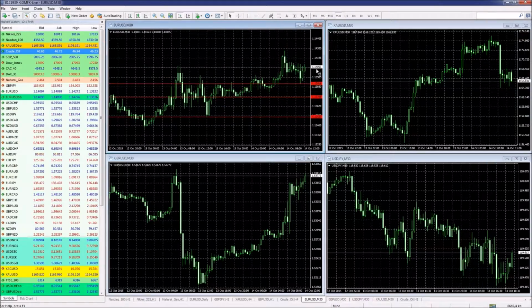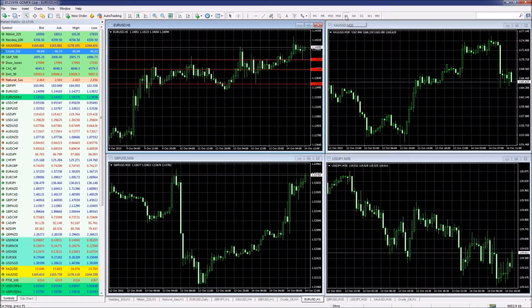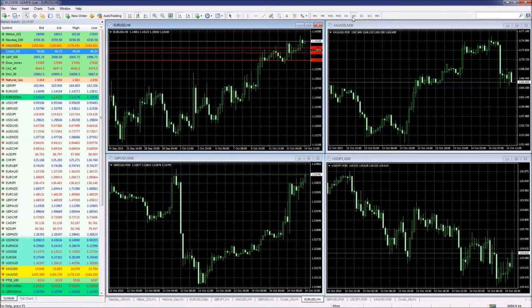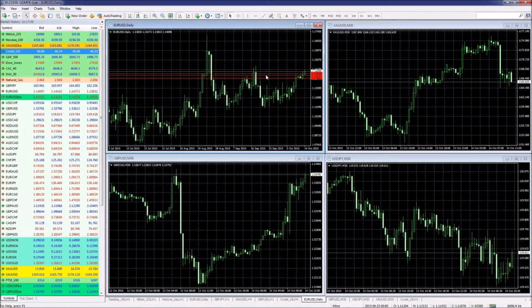Now, as we can see, the price is in an uptrend on the 30-minute chart, that means we need to switch to a higher time frame so we can see some resistance levels. On the daily chart, we can see over here that we have a very good resistance level.